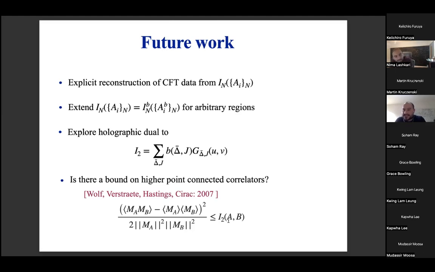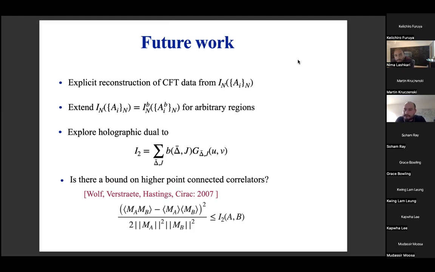Or maybe some combinations of I3 and I2 that will tell you something concrete about higher correlators, let's say. Because there is some kind of nice relation between higher correlators and higher N-partite information. And this parallel seems to be useful because we know that from correlation functions you can reconstruct the theory. So maybe that will give us some hint of how to go about this reconstruction program.